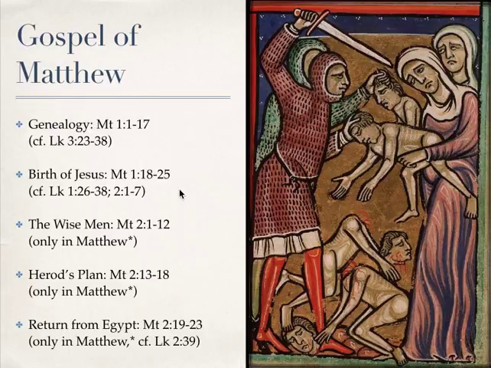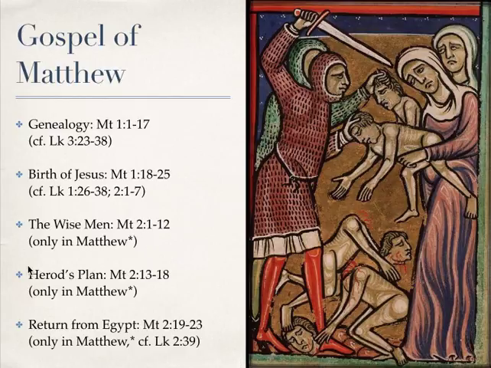Matthew did not have a copy of Luke beside him when he was writing his gospel, and Luke did not have the Gospel of Matthew beside him when he was writing his gospel. They wrote their gospels totally independent of each other, and you'll see that in these areas where they're totally different. In Matthew 2, 1 through 12, this is a pretty fascinating passage because it narrates the wise men from the east.